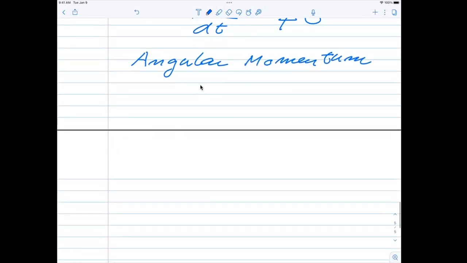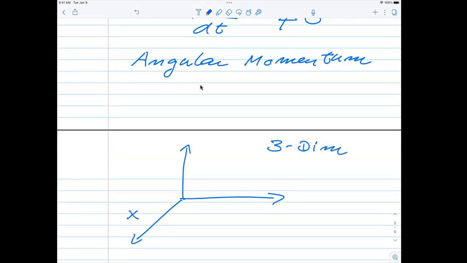So if you are in a three-dimensional system, suppose now we define the x, y and z axes. We have the x-axis here, we have the y-axis, and then we have the z-axis.